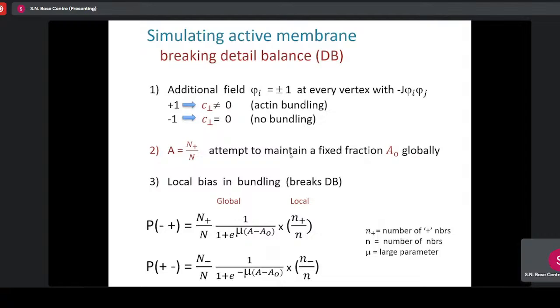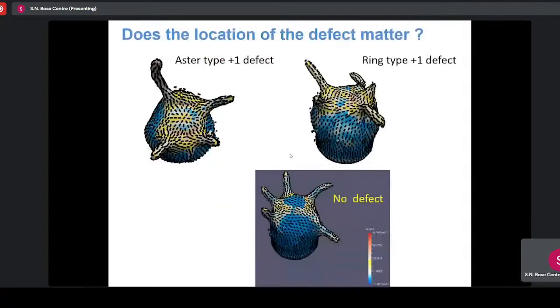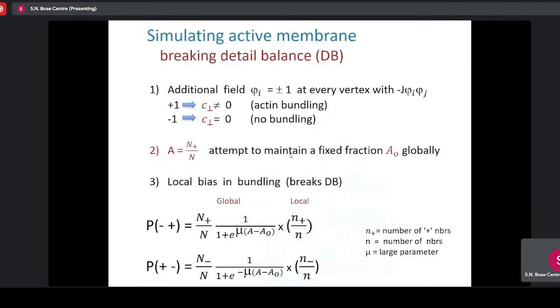What we do is, first we decide that out of all these vertices, there is a certain fraction where actin polymerization is taking place. In the case of this Hydra, these things happen because of these actin fibers aligning here. So we try to keep a global concentration of these polymers.